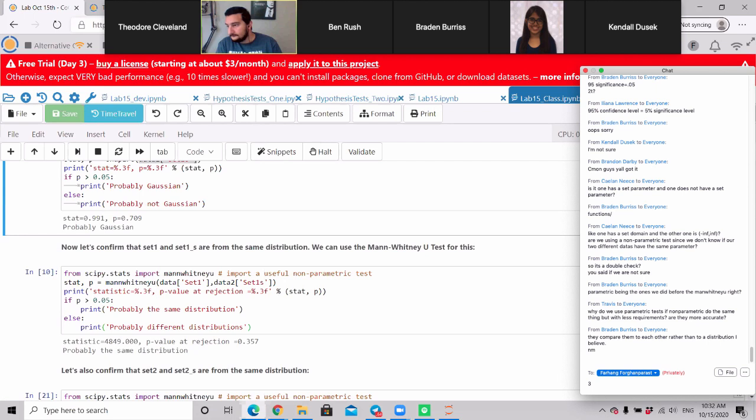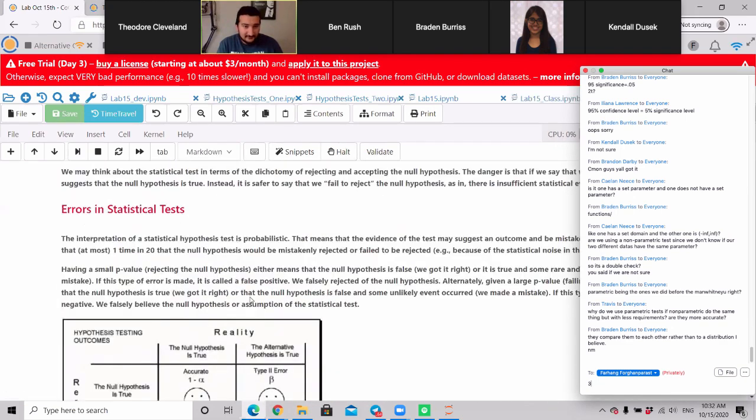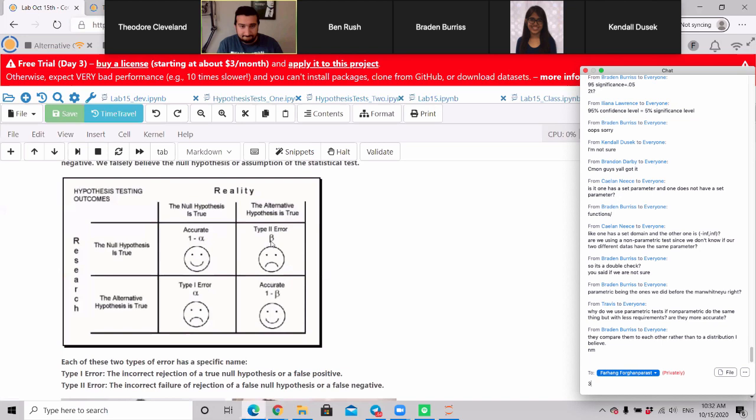And power is related to the type 2 error, the beta that you saw in that contingency table here. But I honestly believe that opening that can will turn this class into a statistics class, and we don't want to do that.